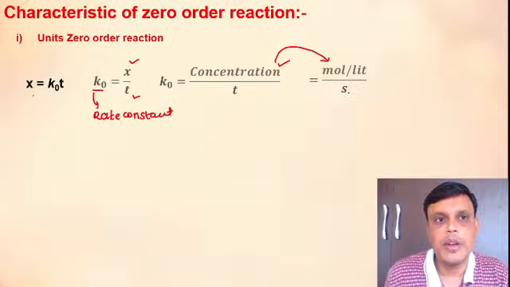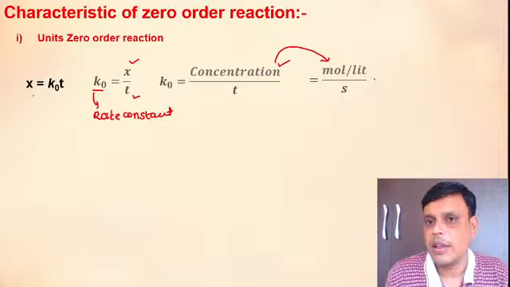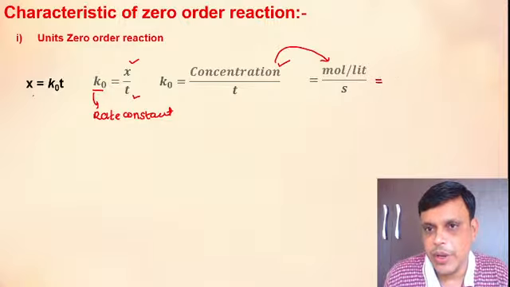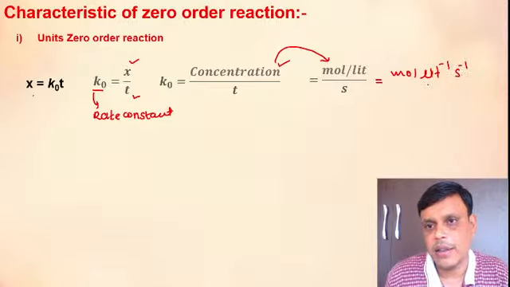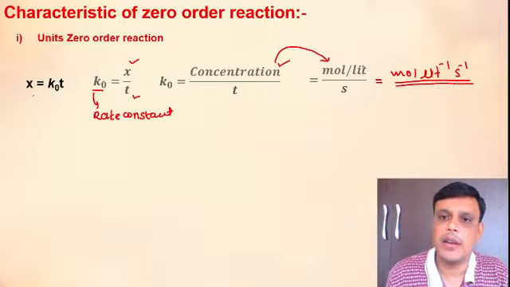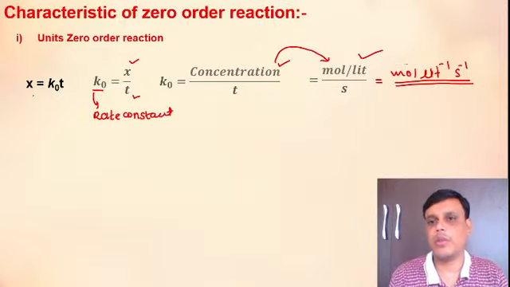So the unit for zero order reaction is moles per liter per second. Here I will write moles per liter per second. This is the unit for zero order reaction. You can write it this way also.